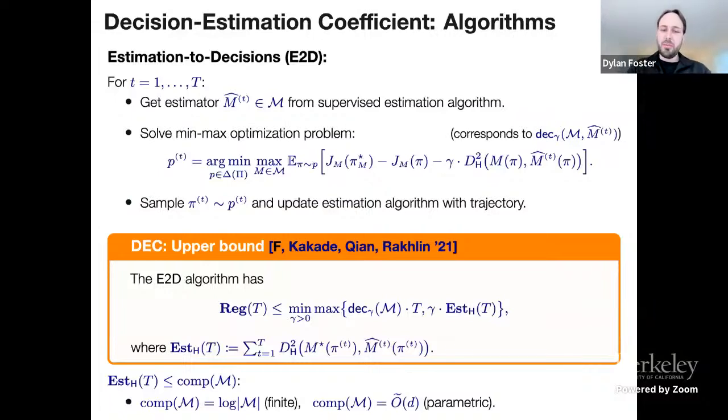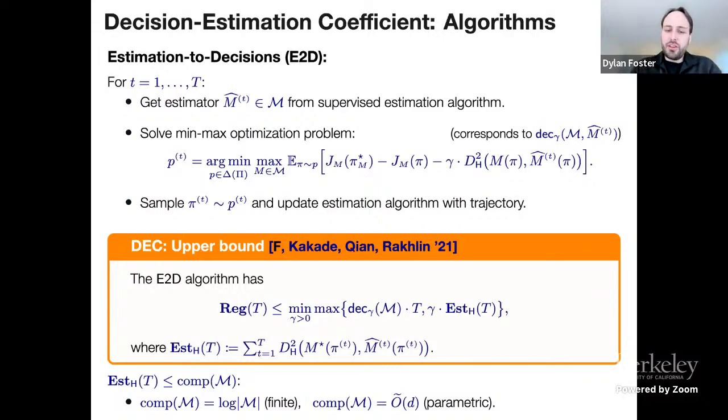This is the sum of Hellinger distances between all the estimates that your supervised estimation algorithm has produced and the true model, or true MDP, M star. This estimation error is a classical quantity. If I look at, say, finite classes, it's the log cardinality of the function class. If you look at parametric models, it scales with the dimension.